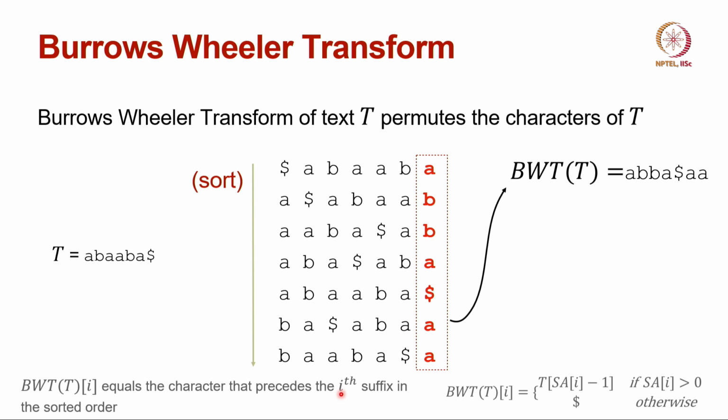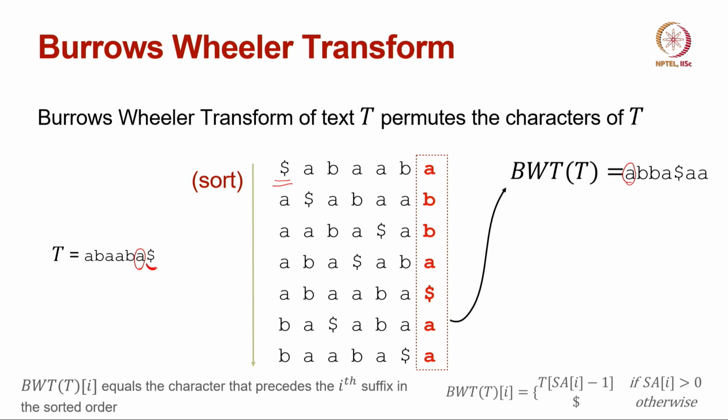For example, the first character of Burrows-Wheeler transform is the character that precedes the dollar suffix, because the dollar suffix is the first suffix in the sorted order. The character that precedes the dollar suffix is A. Therefore, the first character of my Burrows-Wheeler transform is A.